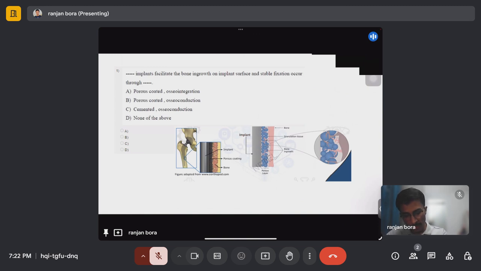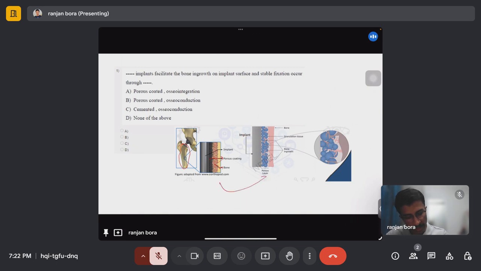And you can see from this diagram, this is a porous coated implant, this is the porous coating, and the outside is the bone layer.